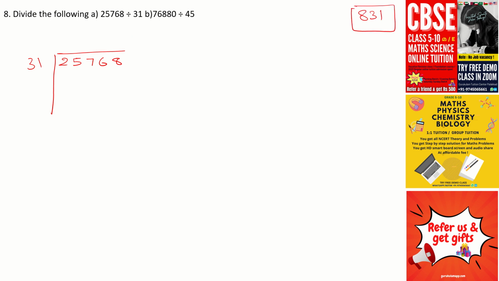So let us do this step by step. We are taking the first 3 digits. So 31 into 8, how much is it? It is 248, right? So 248 we got.